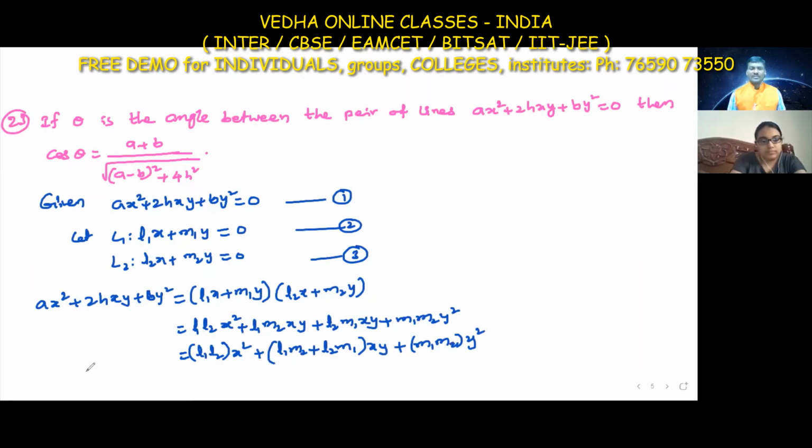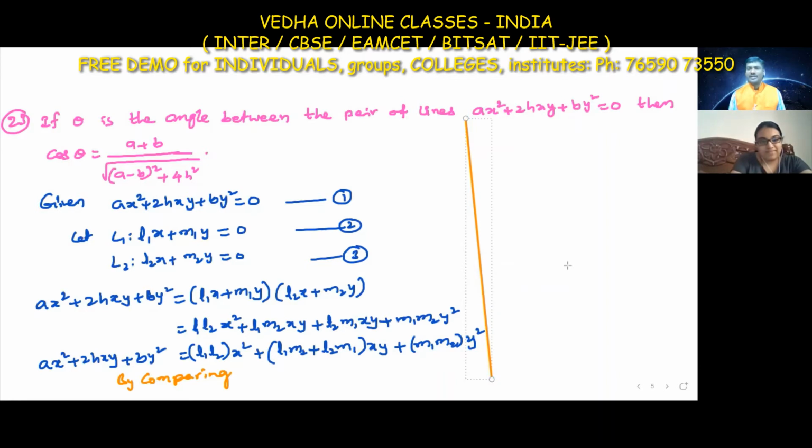Now this we compare with the left side part, ax square plus 2hxy plus by square. By comparing the coefficients, what is the x square coefficient, the y square coefficient and the xy coefficient?